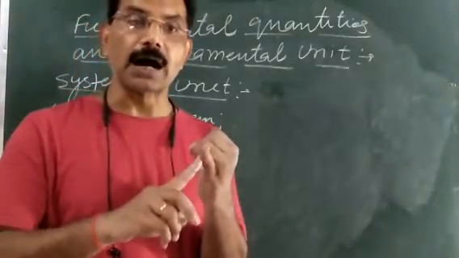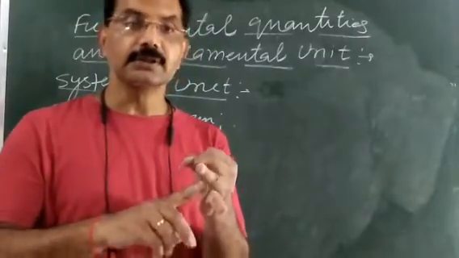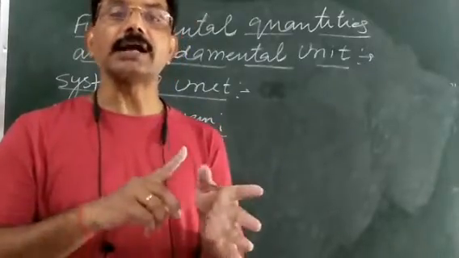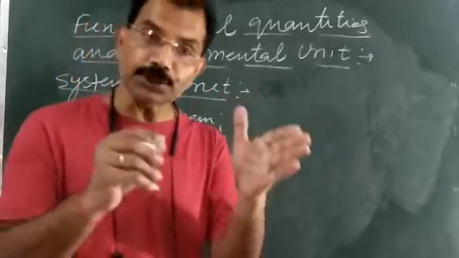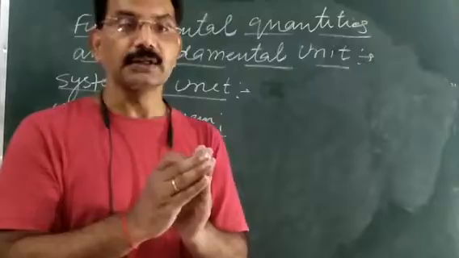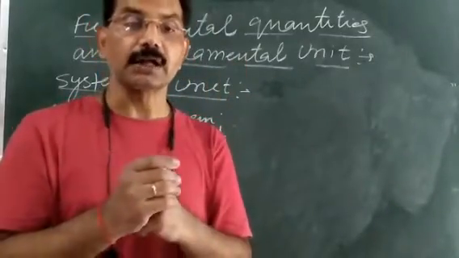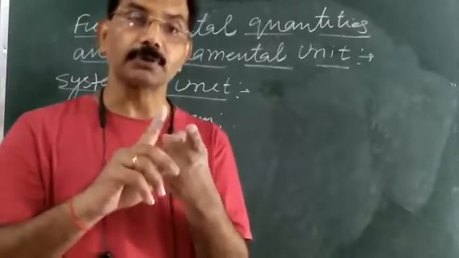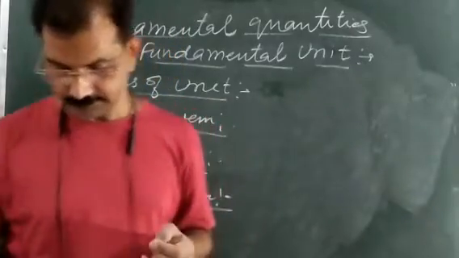Length, mass, time, current, thermodynamic temperature, luminous intensity, and amount of substance. These seven are the fundamental quantities, and their units are called fundamental units. Besides this, there are two supplementary quantities: the first is solid angle, and the second is plane angle.